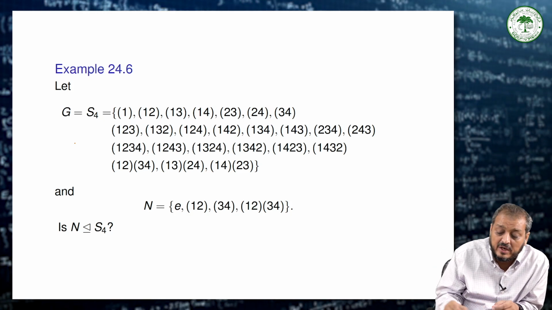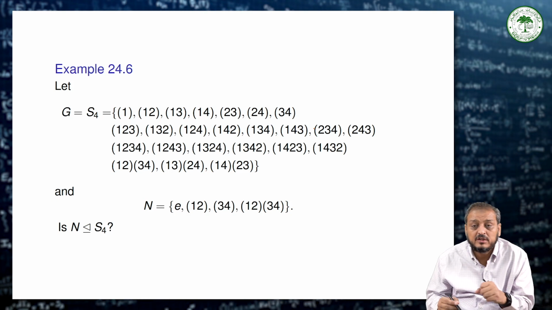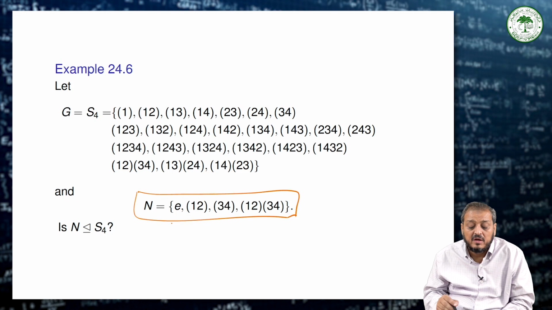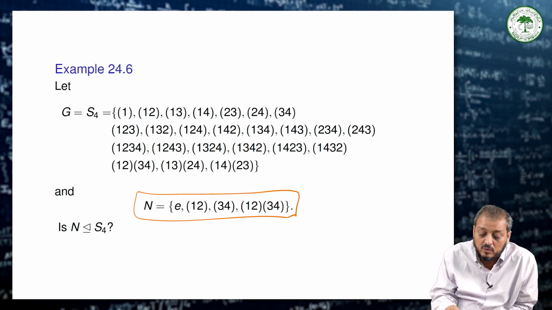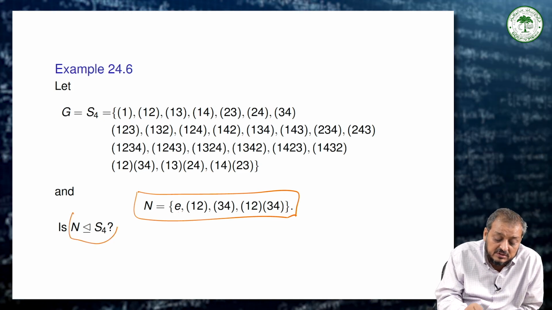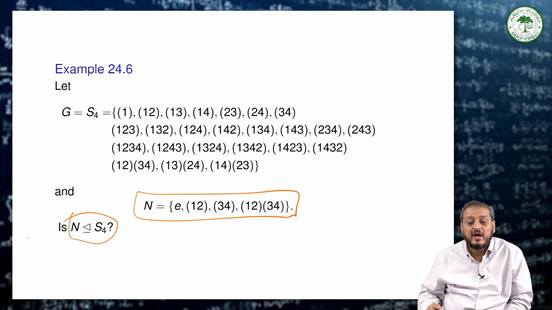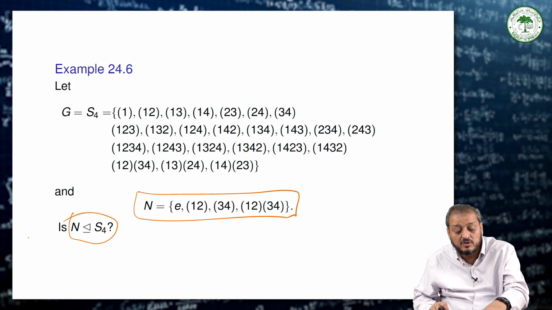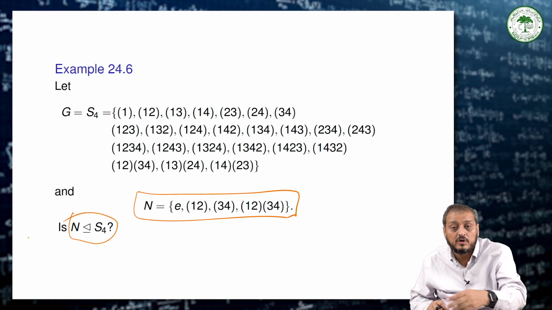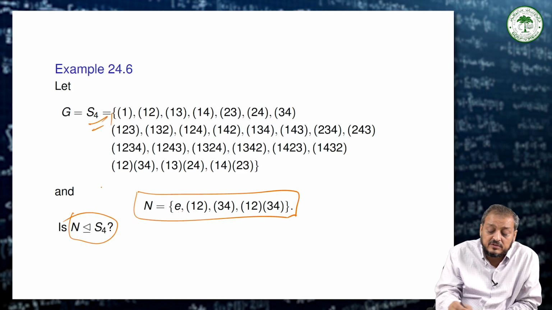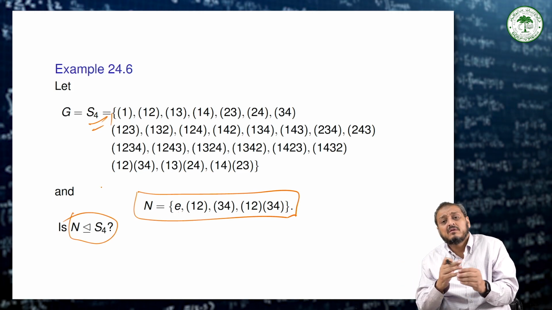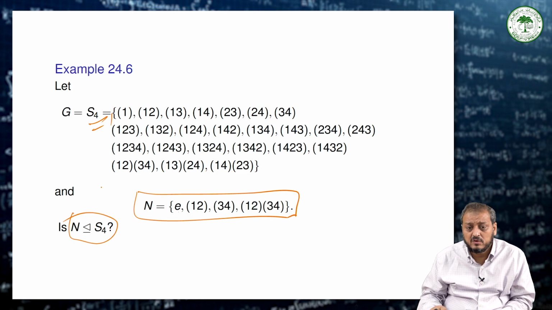Now we use this example. Let G be equal to S4, where the elements of S4 are of this form. Now we take N as a subgroup of this, with elements e, (1 2)(3 4). The question is whether N is normal in S4 or not. If N is normal in S4, then for all the elements of S4 the condition must be satisfied that left cosets and right cosets coincide.